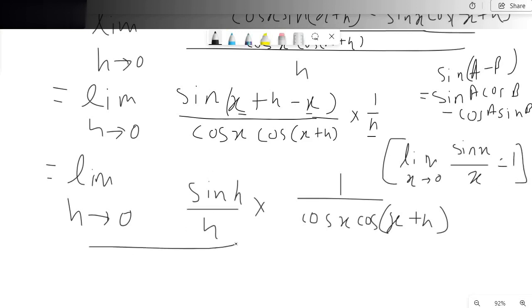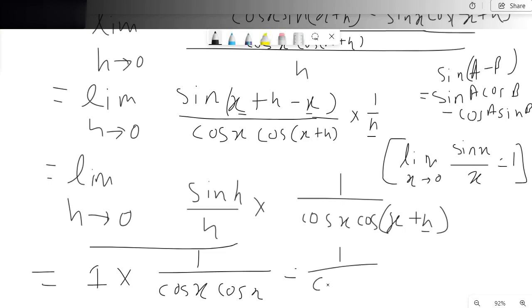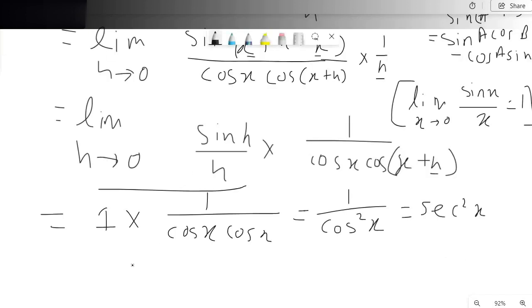So here we have the same case, and we can write that as being 1 multiplied with cos x, and as h is 0, it simply becomes cos x. So we have 1 by cos square x, or simply written as sec squared x. And thus we have proved that d/dx of tan x is equal to sec squared x.